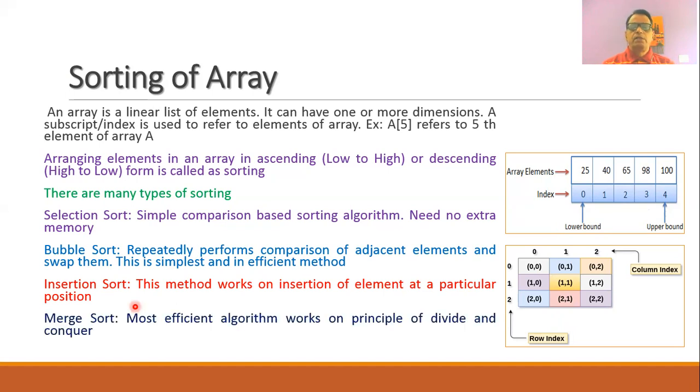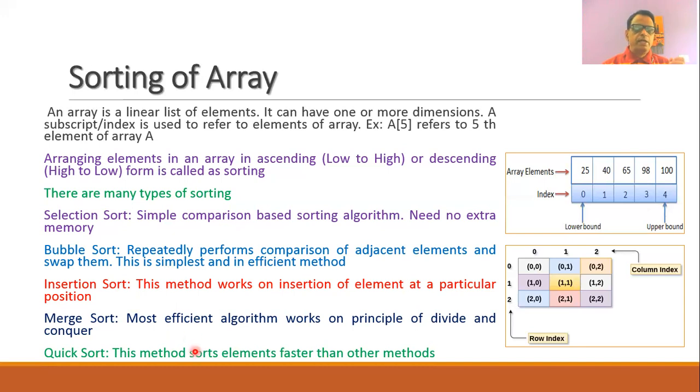Apart from these three methods, there are several other methods, such as the merge sort method. The merge sort algorithm is an efficient algorithm that works on the principle of divide and conquer. Another method that is used for sorting the elements is called the quick sort method.